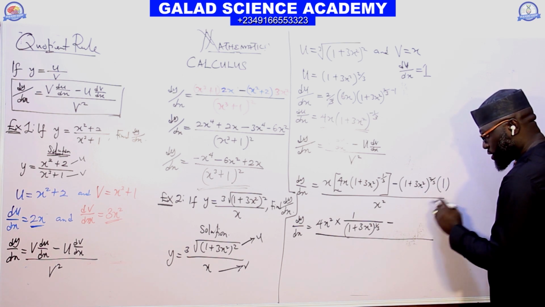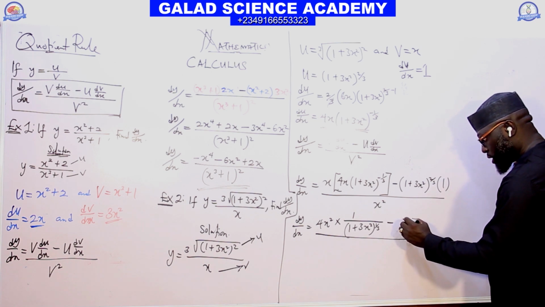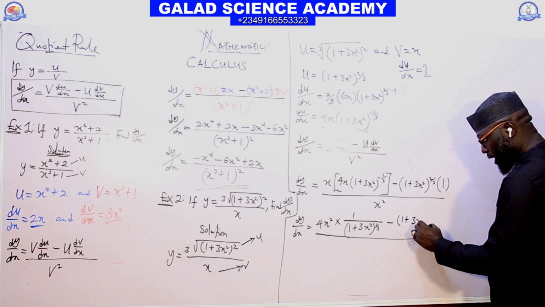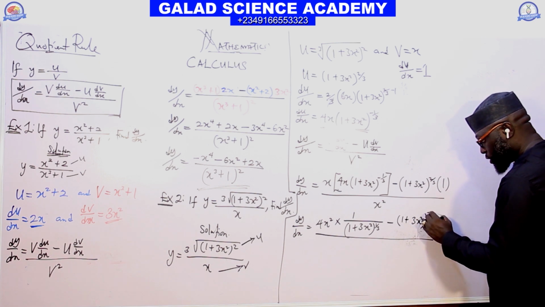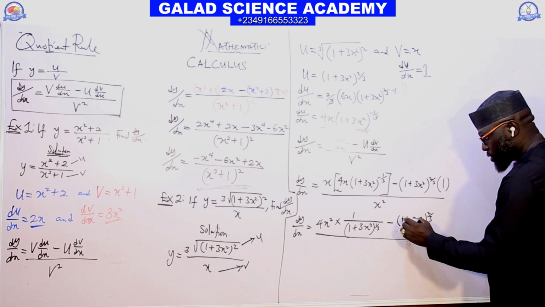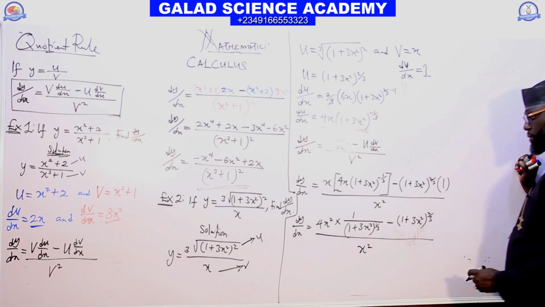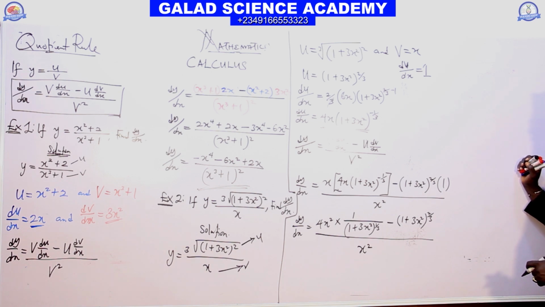One times this, we have 1 plus 3x squared, everything 2 over 3, times x squared.